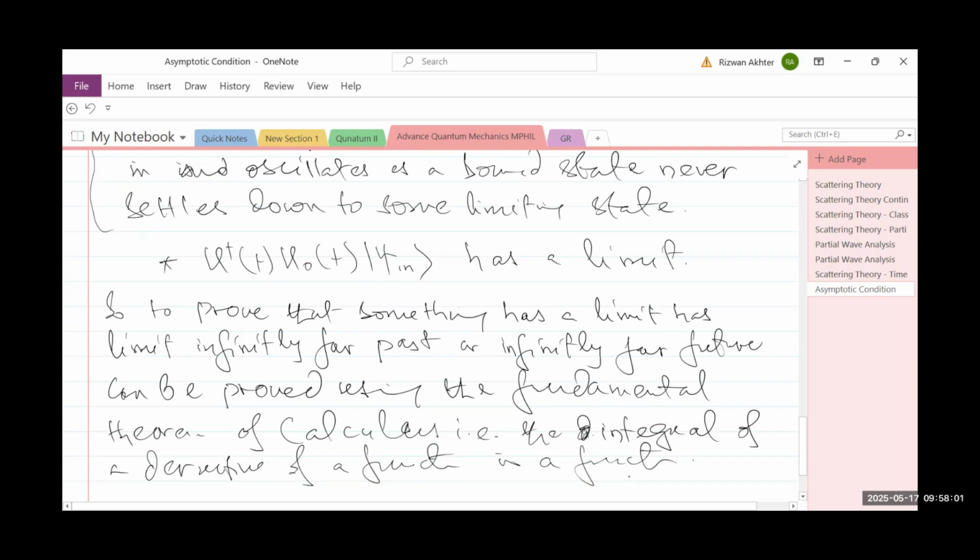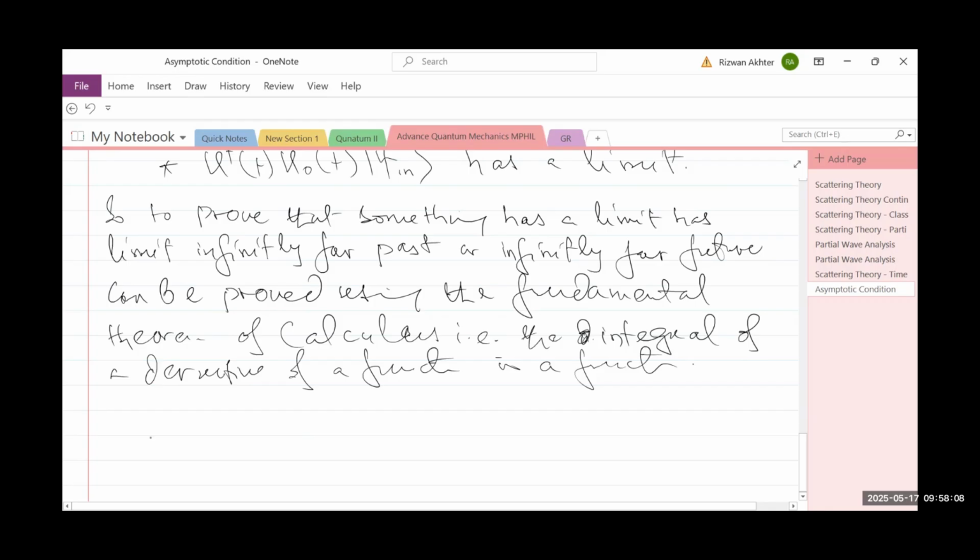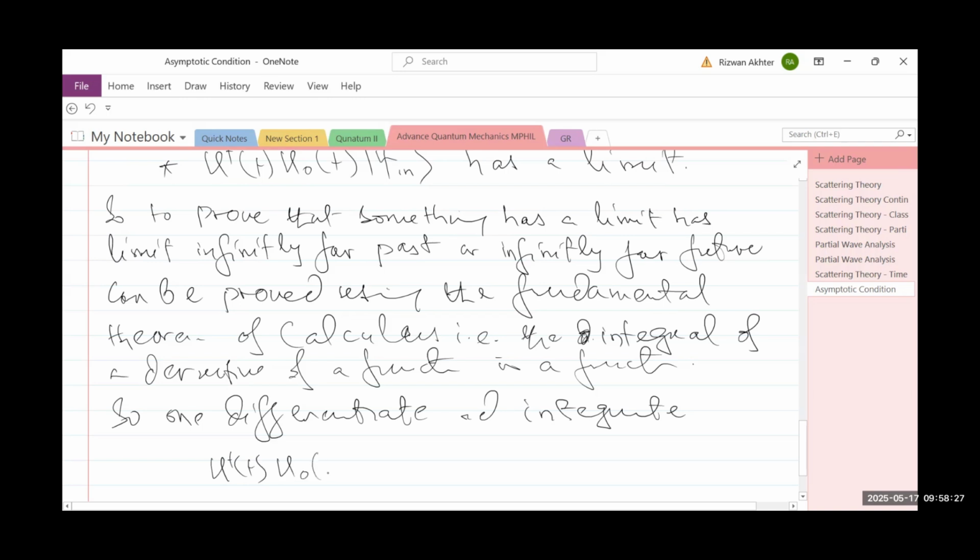कैसे करेंगे? So one differentiates and integrates, बस दूसरे लफ्ज़ों में. So one differentiates and integrates. And this would imply u dagger of t, u naught of t. अभी हम इसकी बात कर लेते हैं.